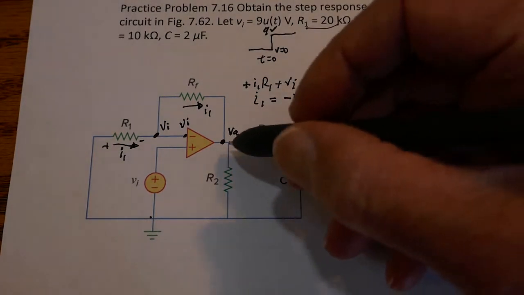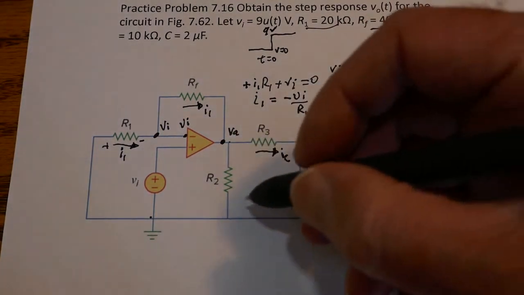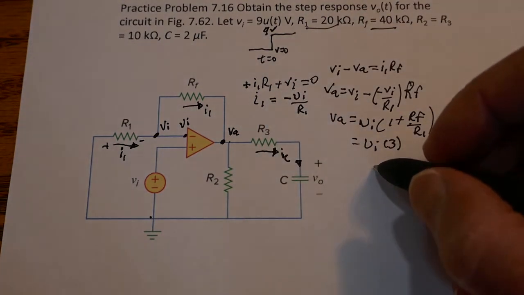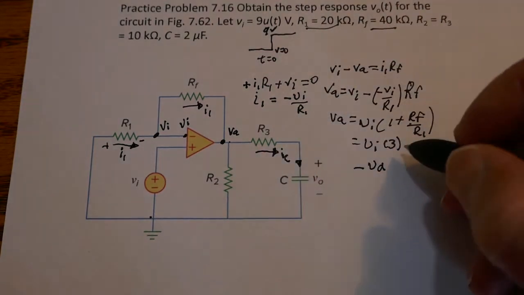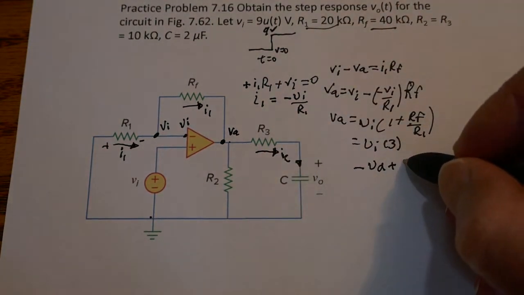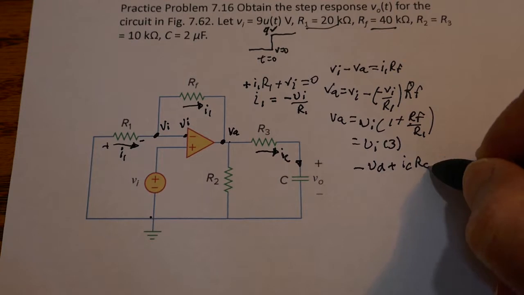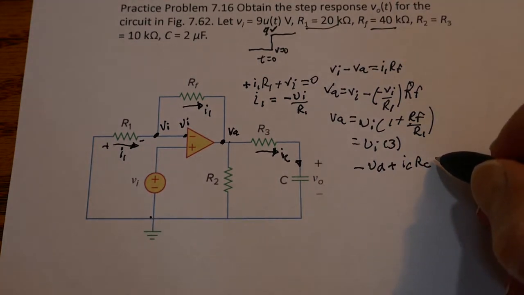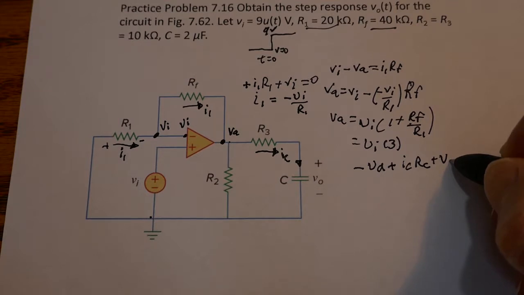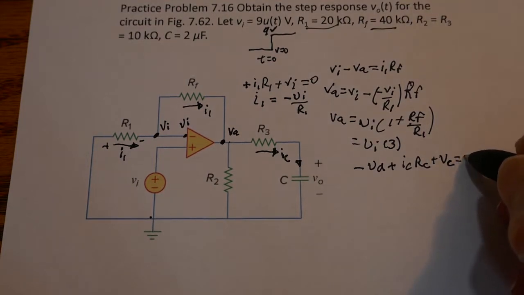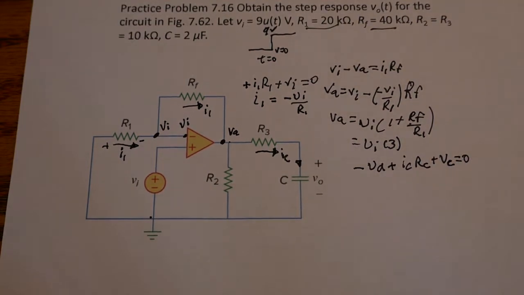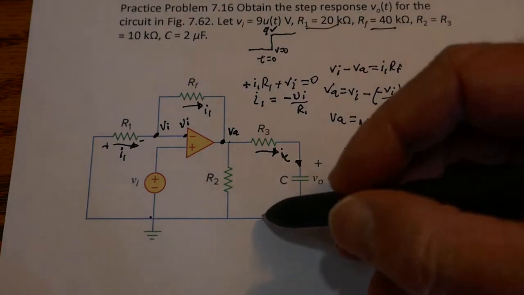So if we start here from ground, we get a minus VA plus ICRC plus VC, which is also equal to V0, is equal to 0, because we're back at ground.